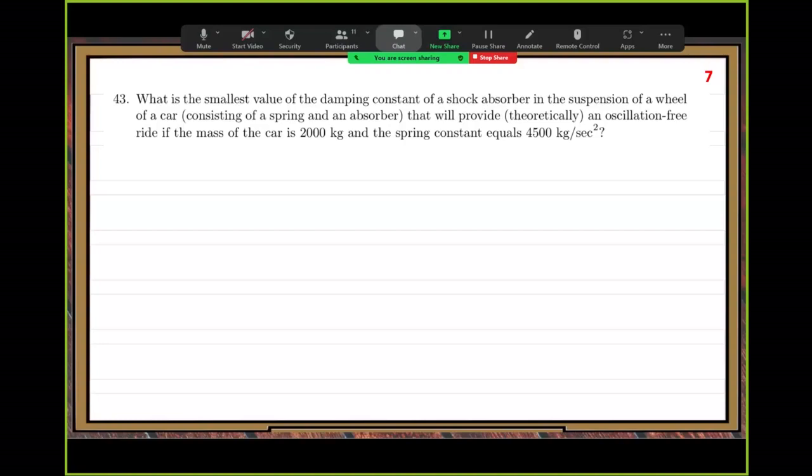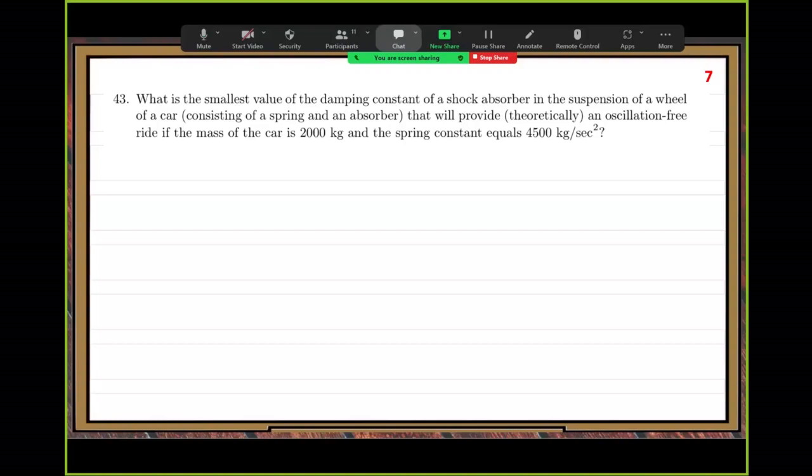The total car weight is distributed on the 4 wheels. So for each wheel, you get 1/4 of the weight applied on one wheel's suspension system, a local system. So that's a mass spring system.